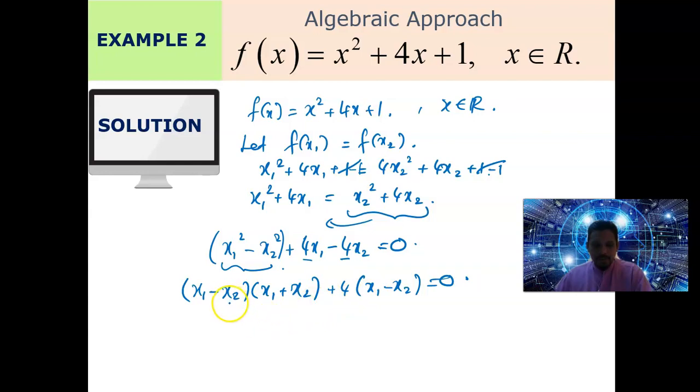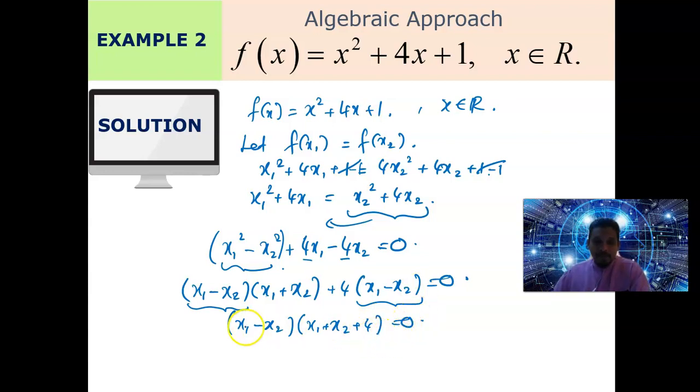So we have x1 minus x2 and also x1 minus x2, so we factorize this x1 minus x2. Then the rest of it, we put x1 plus x2 plus 4 equal to 0.